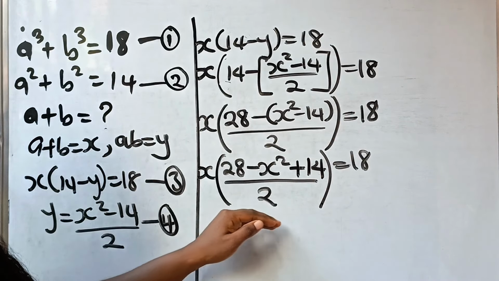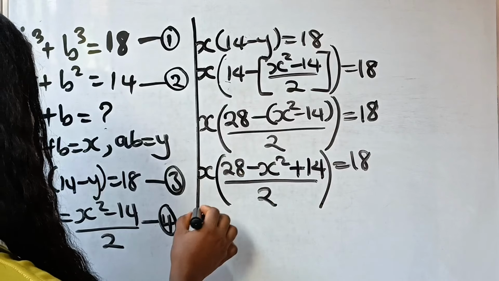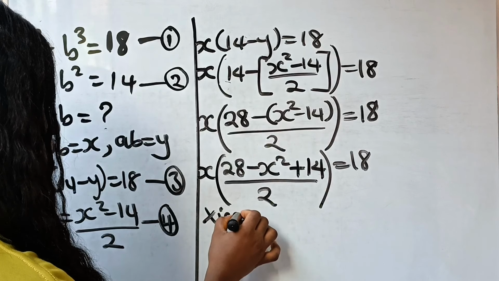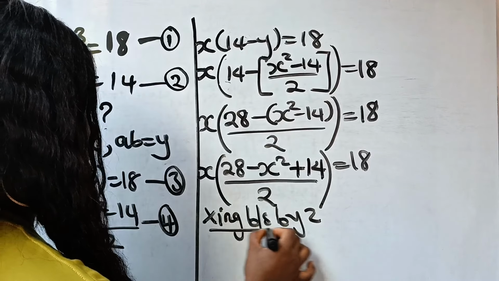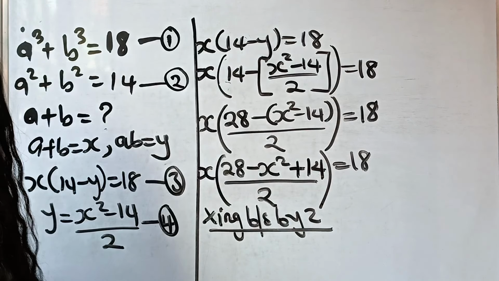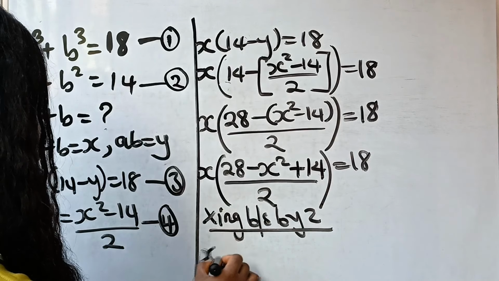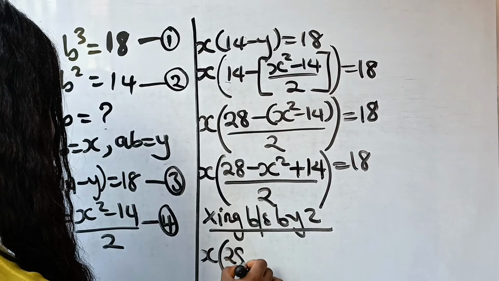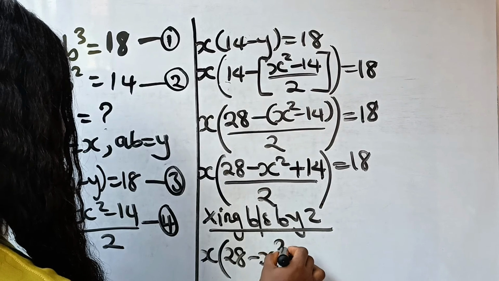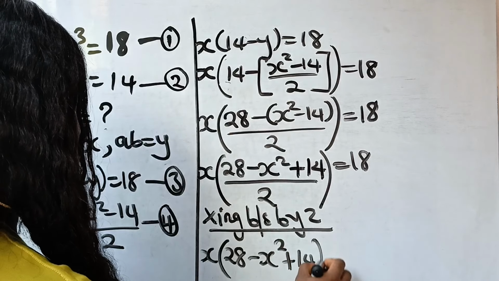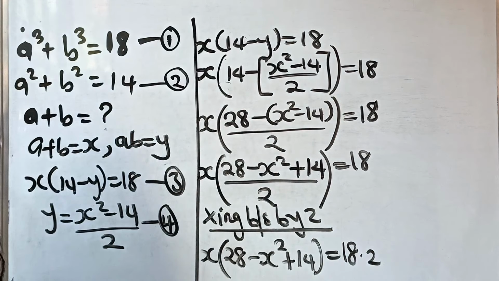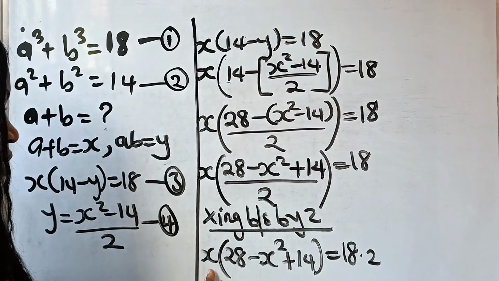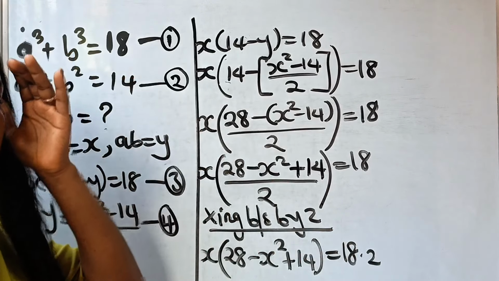Let's multiply both sides by 2. Multiplying both sides by 2, we are going to have x bracket 28 minus x squared plus 14 is equal to 18 multiplied by 2. Now let's open the bracket.